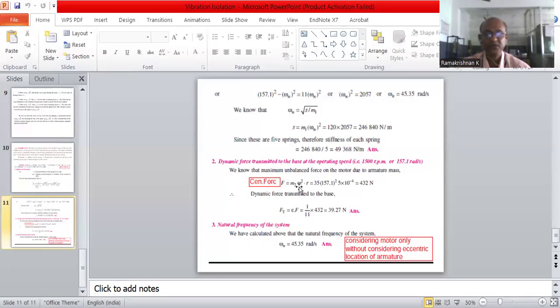So F equals m2 omega squared r, and we have the centrifugal force value. Then Ft equals epsilon into F, so 1/11 into 432, giving 39.27 newton. Then the natural frequency of the system, omega n: already we have found the natural frequency, 45.35.